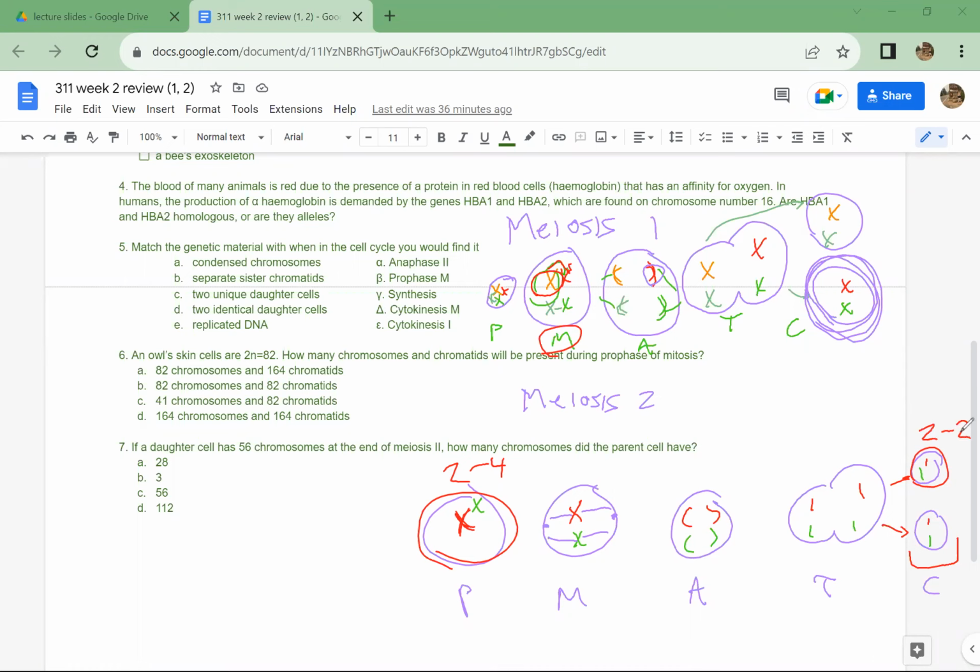However, the number of DNA molecules has changed throughout meiosis 2. In meiosis 1, we started with 4 chromosomes, 8 DNA molecules, and ended with 2. Here we started in 2 and ended in 2.